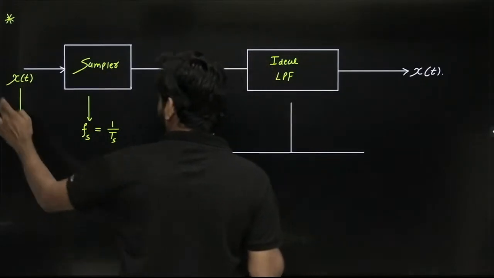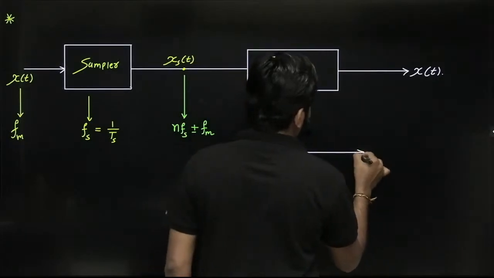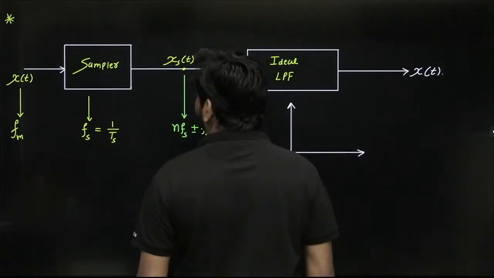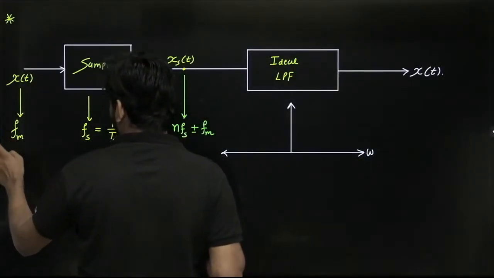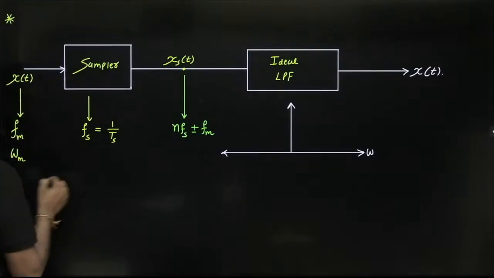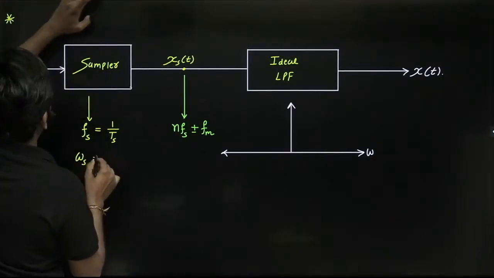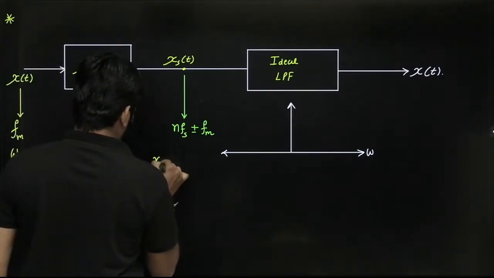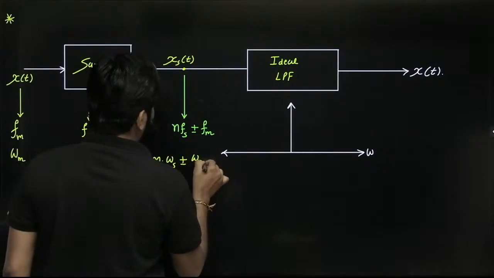Its frequency response will be like this. This is omega, you can write omega m also, guys, this is omega s, and this is n omega s plus or minus omega m, guys.